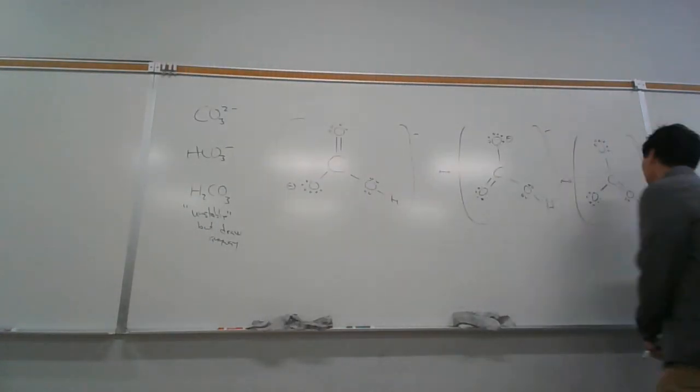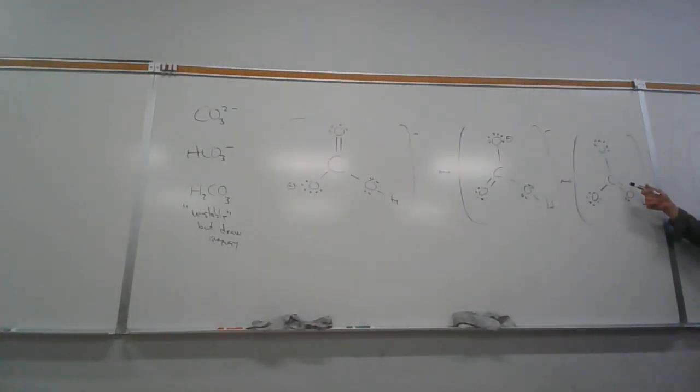Yeah. Well, it has an octet, doesn't it? So it doesn't violate the octet rule. Why can't I put it with a double bond? Is that a rule or a law?